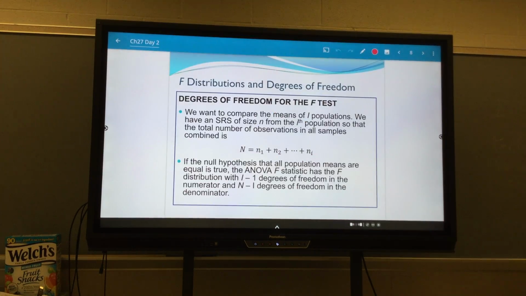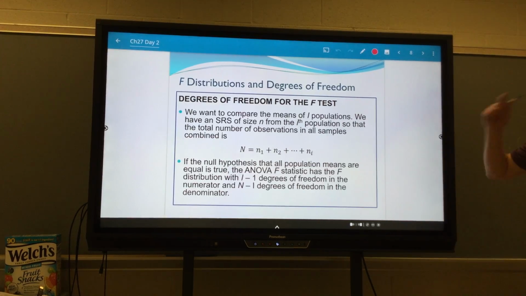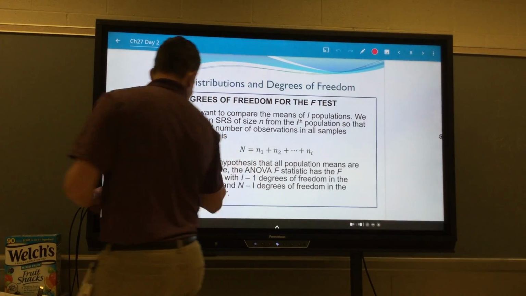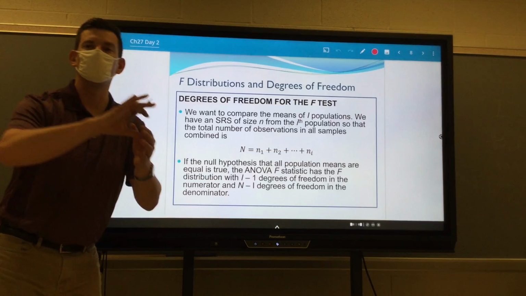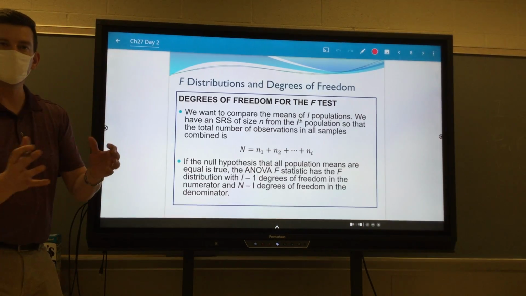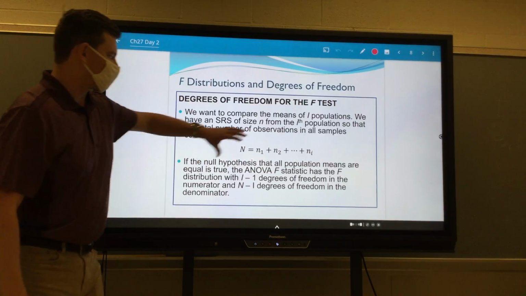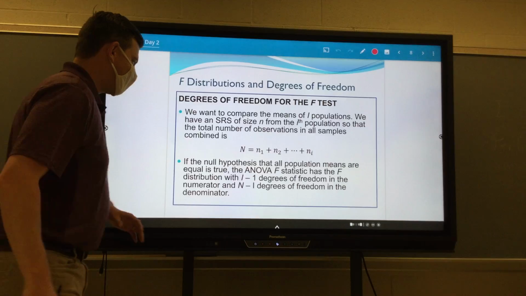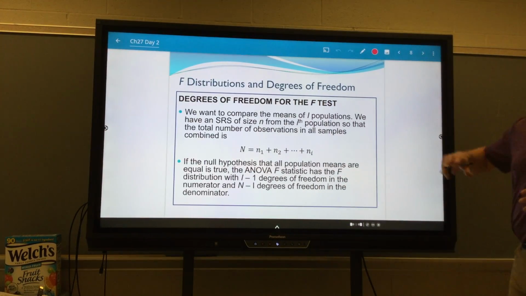So our degree of freedom calculation, they get into some complicated wording here. Essentially, we are looking at how many different ways we are breaking down our variables. How many populations are we comparing? We have different populations being compared, and we also have different individuals within these populations.